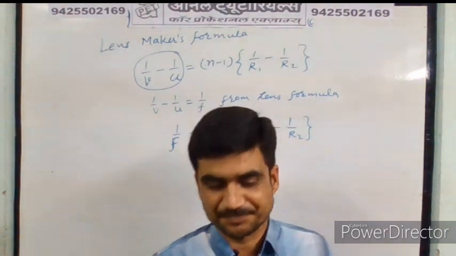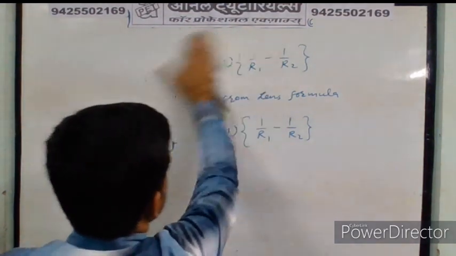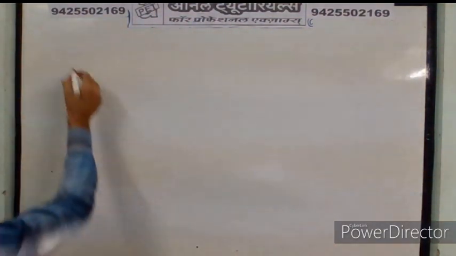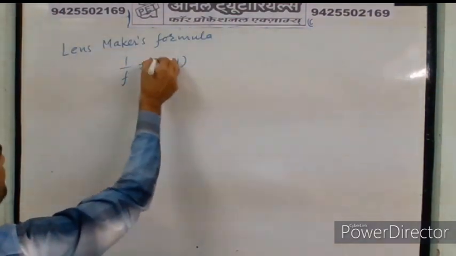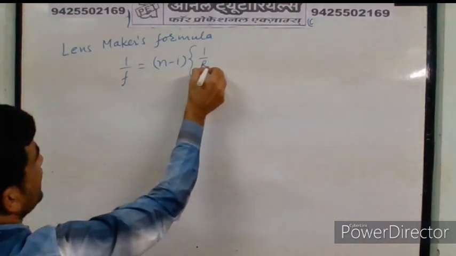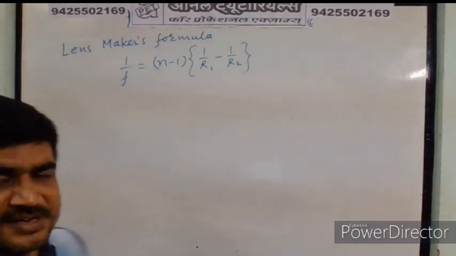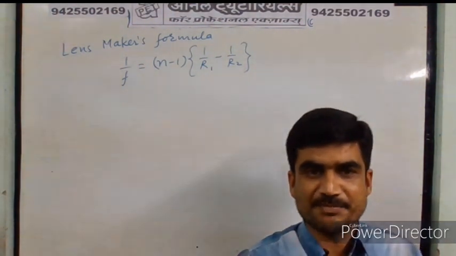So the main formula is this: the Lens-Maker's formula, 1/f is equal to the refractive index of the material of the lens times (1/R1 - 1/R2). This is a generalized formula, the formula for all types of lenses.